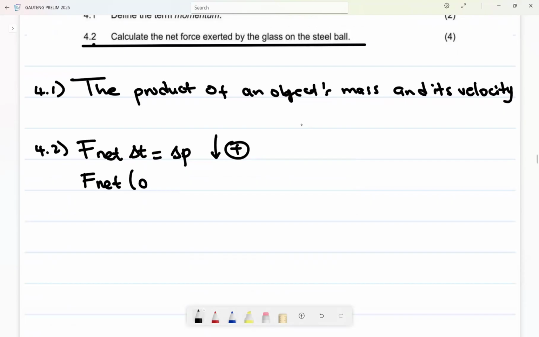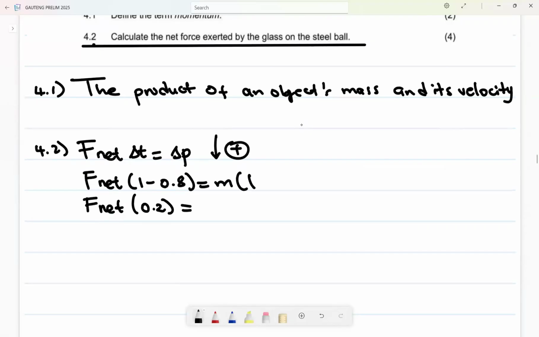Then my change in momentum is mass times V final minus V initial. So F net times (1 minus 0.8) equals mass times (V final minus V initial).